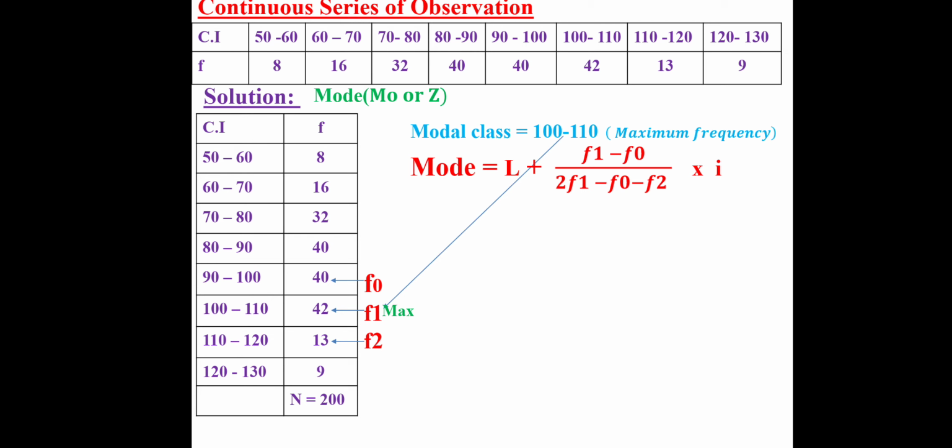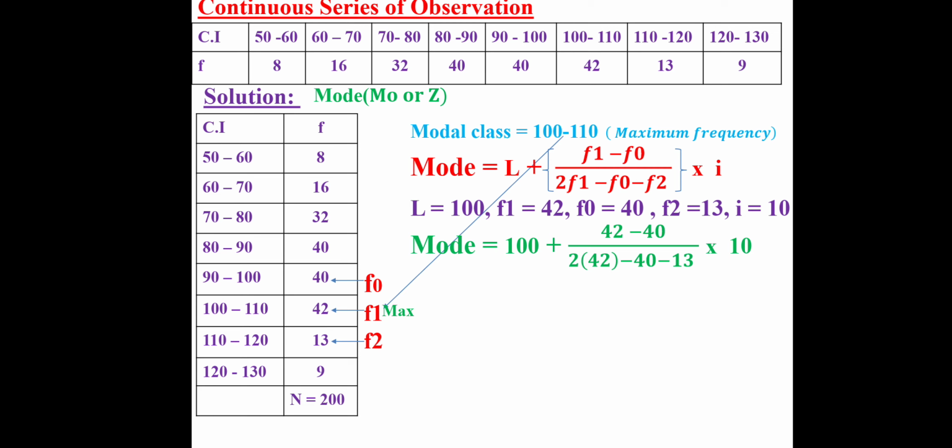Then the formula will be written, where L equals 100, F1 equals 42, F0 equals 40, F2 equals 13. Here it is based on the maximum frequency only. Previous value F0, next value F2. So all the values are taken, then substituted. 42 minus 40, 2, into 42, 84, minus 40 minus 13, which gives 31.